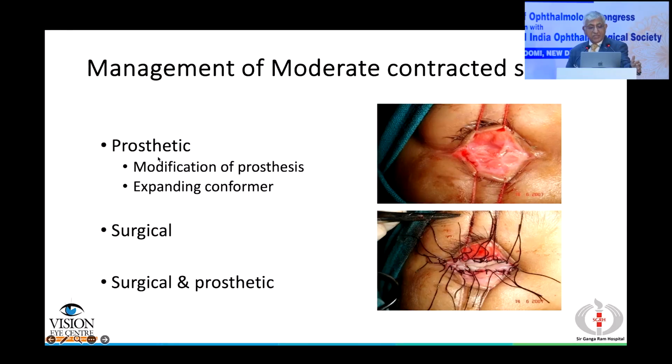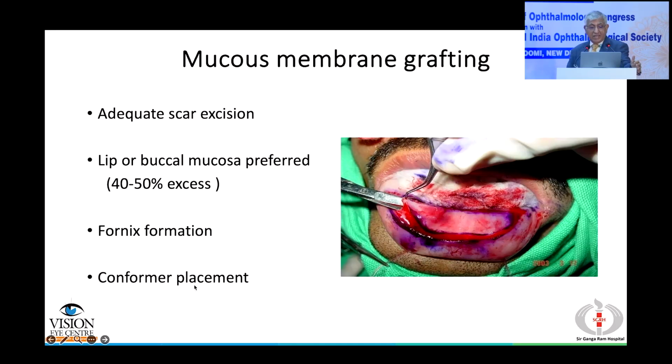Prosthetic modifications do sometimes help, but often you need surgery for these. Grafting is the one that has given the most satisfying results. I prefer lip mucosa, with significant excess and fornix formation at the same time.